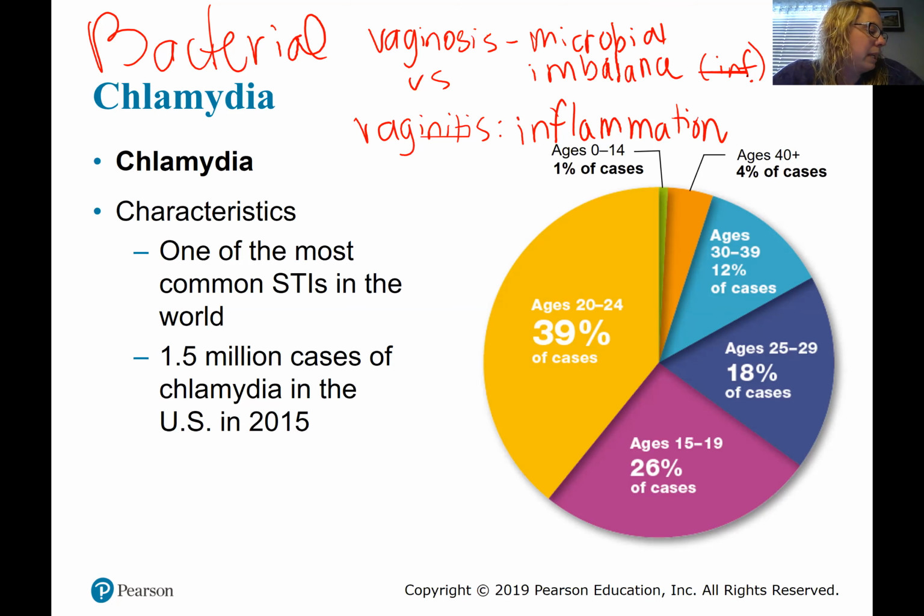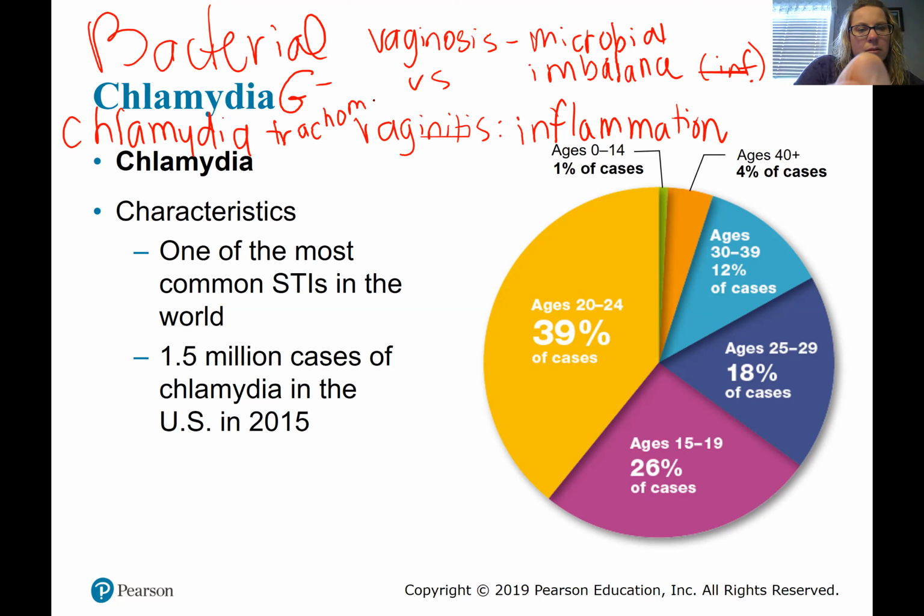Okay, so chlamydia is going to be caused by a gram-negative bacteria called Chlamydia trachomatis. And it is another common STI around the world, 1.5 million cases in the US in the year 2015.